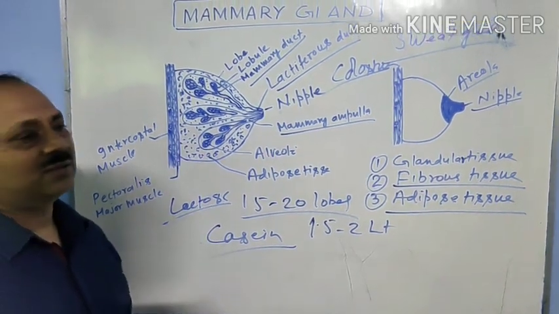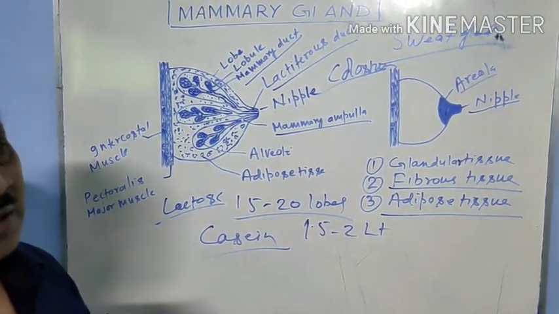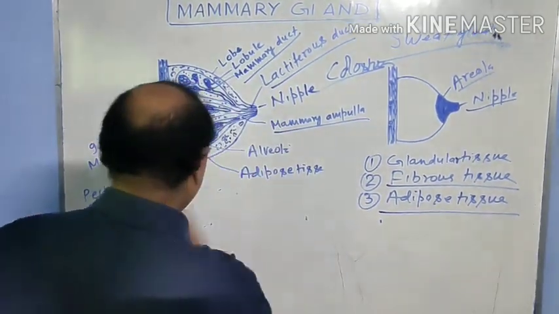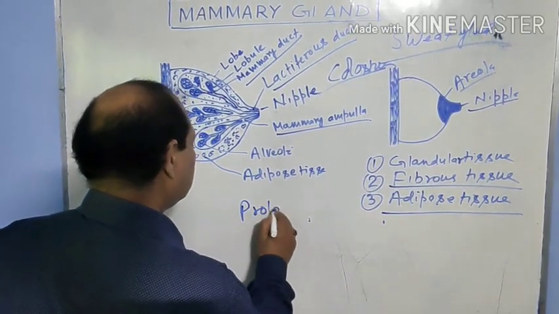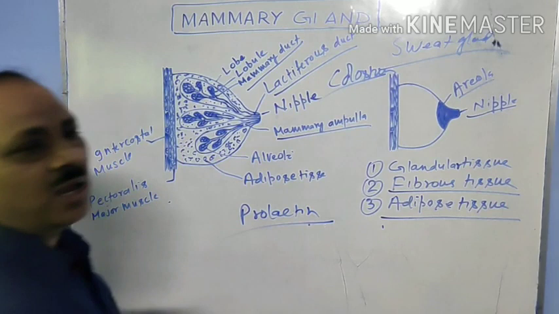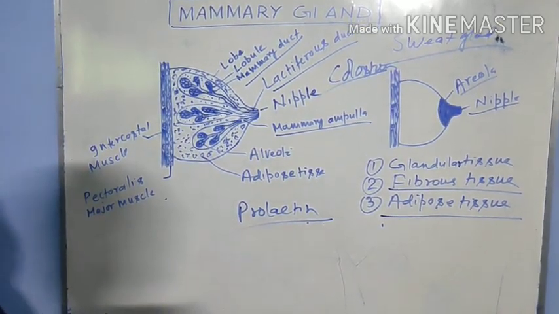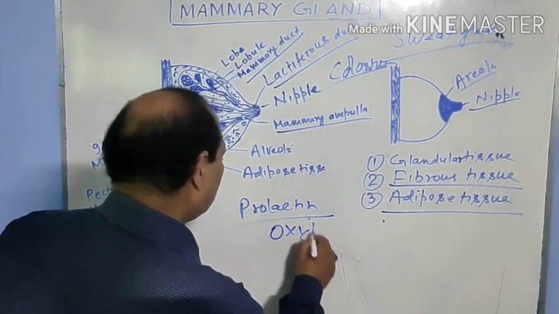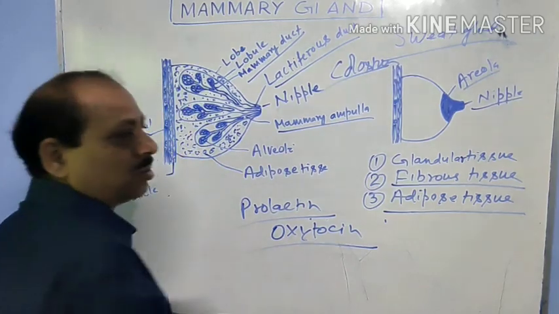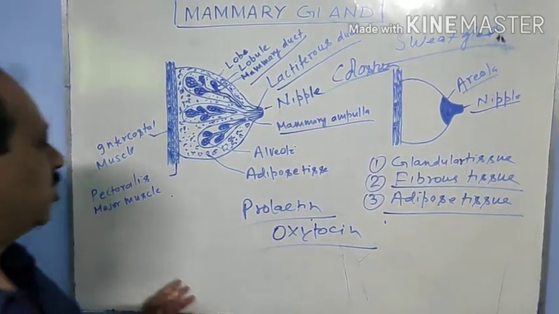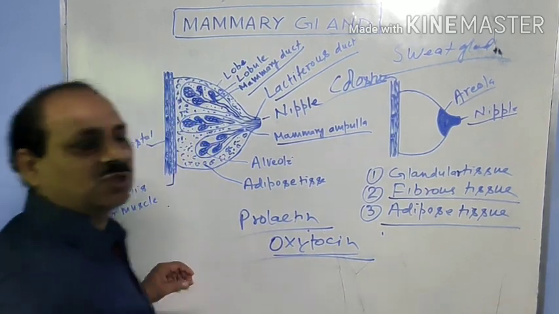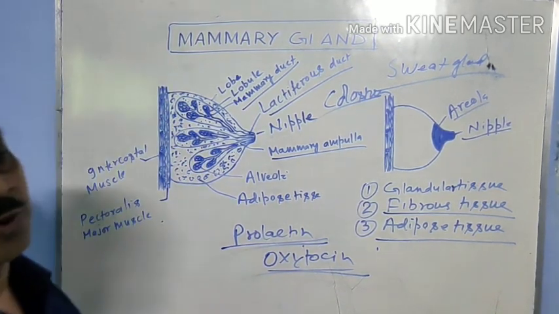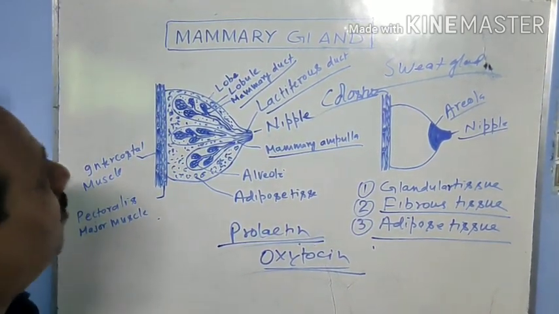And synthesis of milk takes place under the influence of a hormone prolactin. And milk is ejected by a hormone known as oxytocin. Oxytocin is responsible for the ejection of milk, and prolactin is responsible for synthesis of milk.